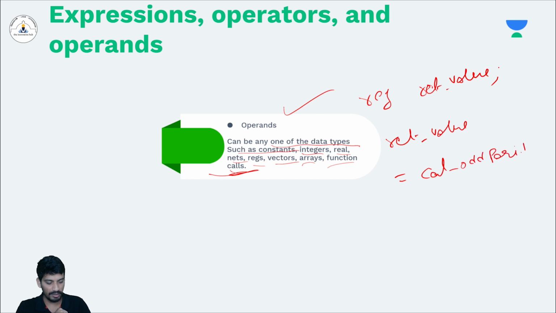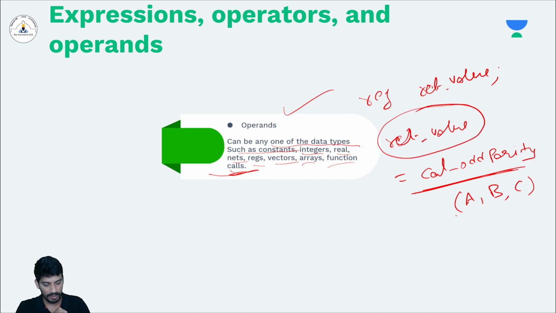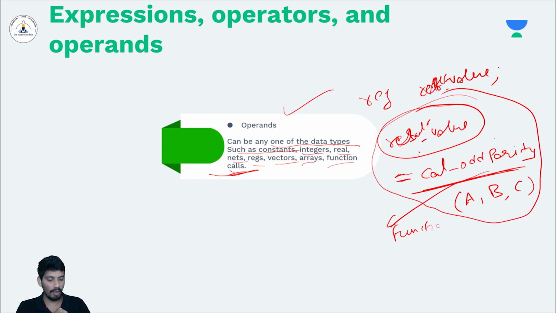This is a user-defined function in which I want to calculate odd parity between A, B, and C. This is how you can assign the value to my result variable. This is an expression in which the operand is a function instead of just a variable.